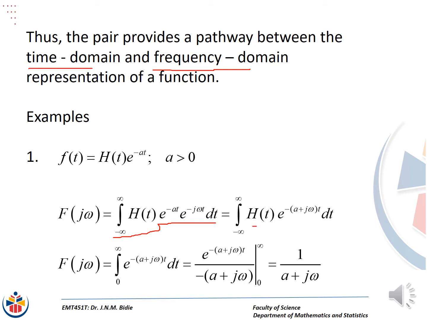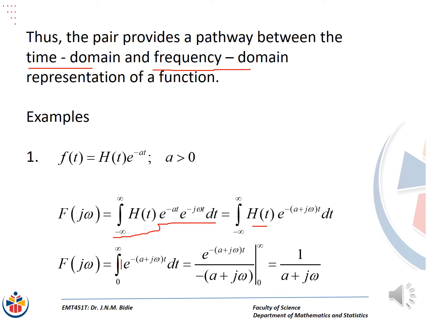use now the Heaviside function to change the limits. Remember, the Heaviside function is 1 for t greater than or equal to 0 and 0 for t less than 0. So we have 1 multiplied by that exponential function, and the limit now changes to 0 up to infinity, and then we integrate.